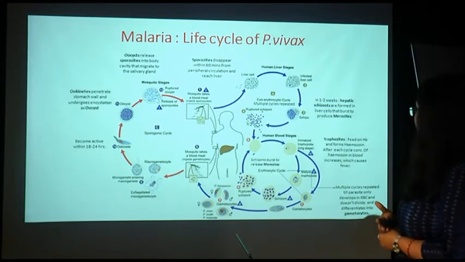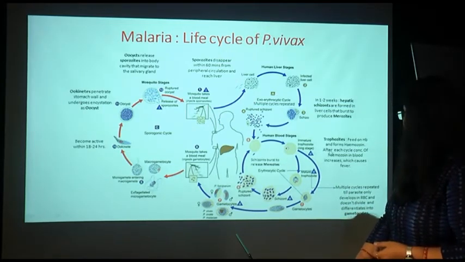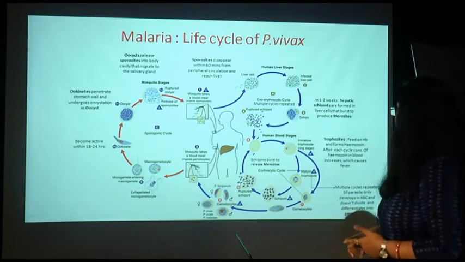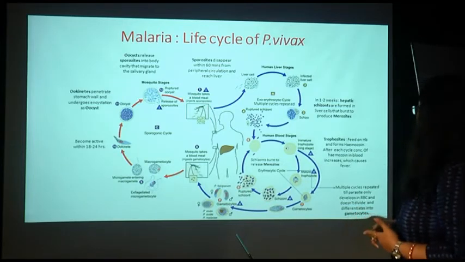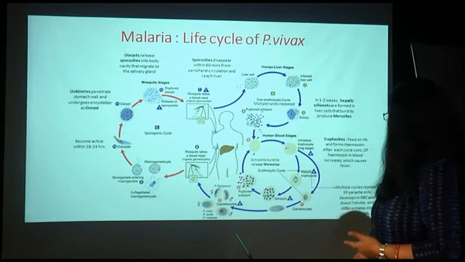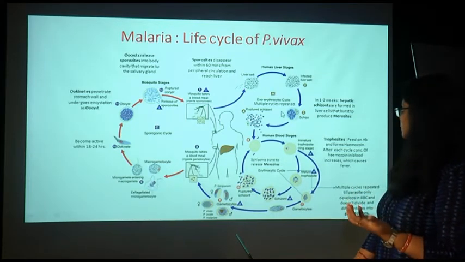The trophozoites are the feeding forms. What they basically do is feed on the hemoglobin present in the RBCs and form hematozoin.